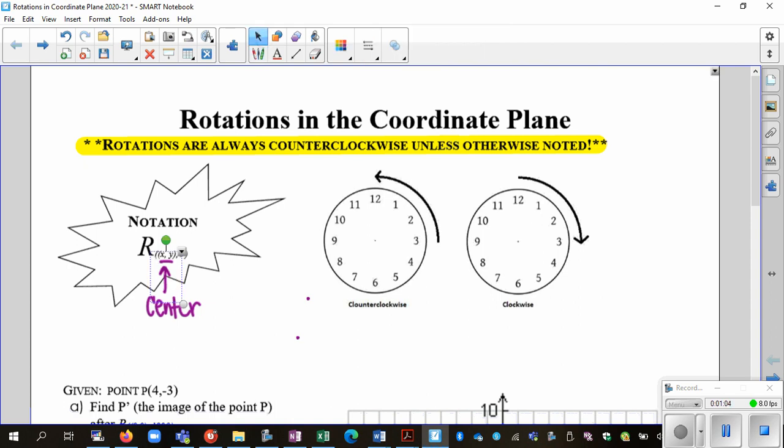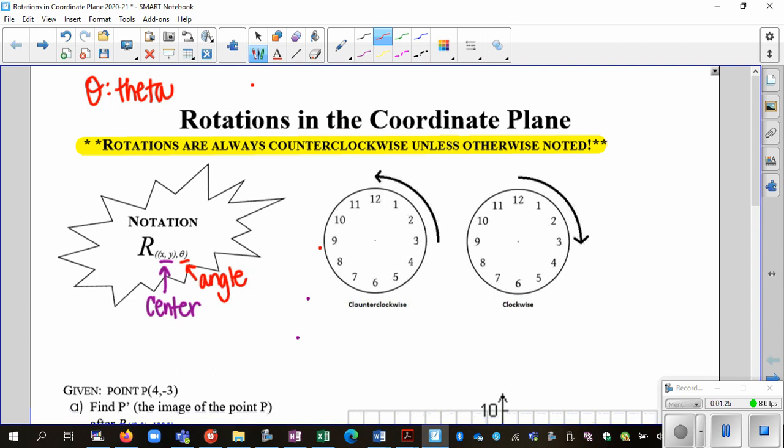If you don't see a center, it's just saying that we're rotating at the origin, which is the most common way that we'll rotate in the coordinate plane. And then this symbol is called theta. This is the angle of rotation, and it tells us how many degrees.